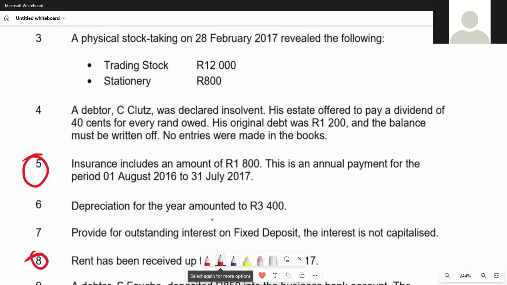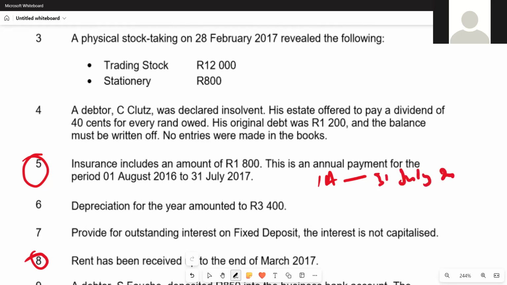So this is the insurance that we have, 1 August 2016 to 31 July 2017. But let's find out where our year is ending.